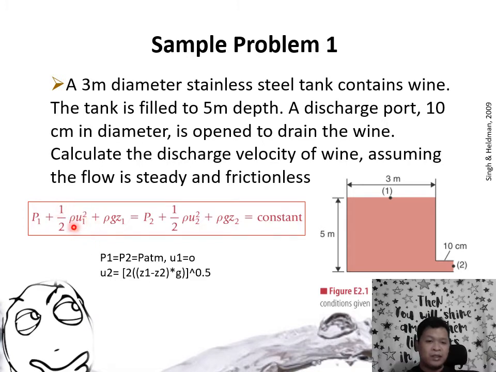So that velocity 1 is 0. Actually, this is now just equating rho g z1 with 1/2 rho u squared. Therefore, if you cancel out the densities, you have now gz1 equals u squared over 2. So you can get the velocity by isolating u2 on one side. Okay.